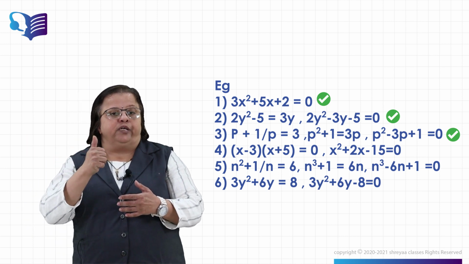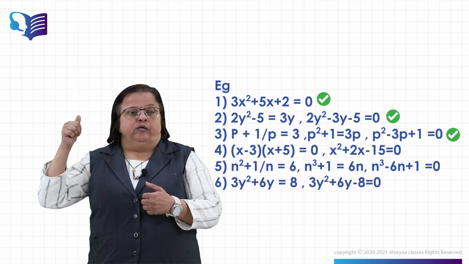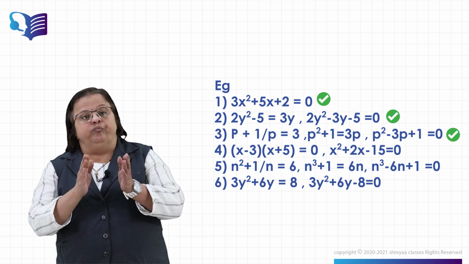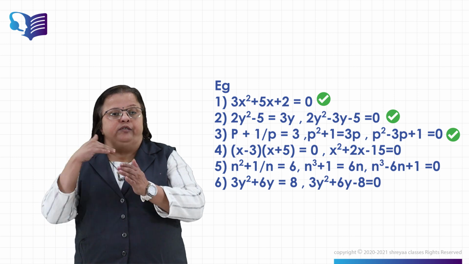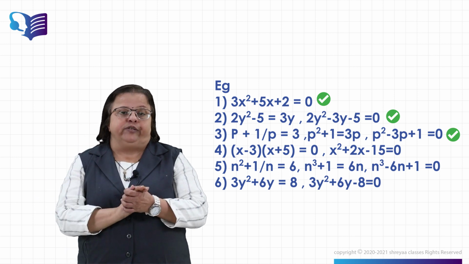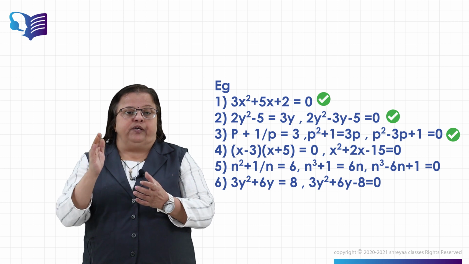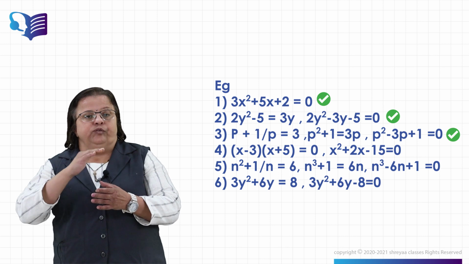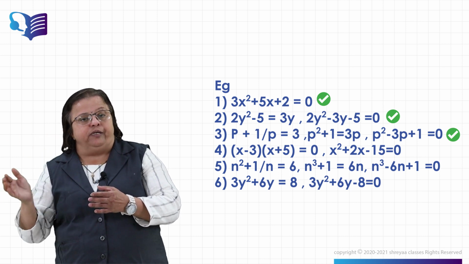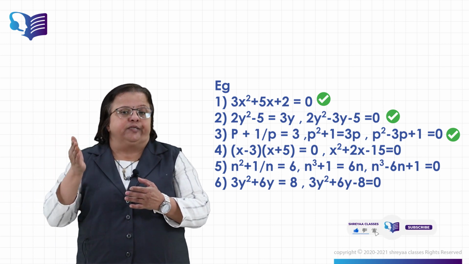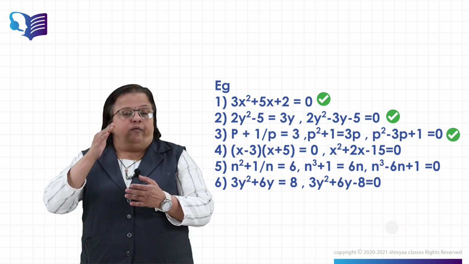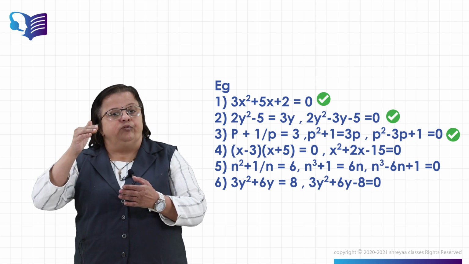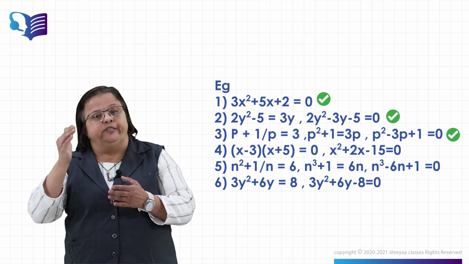Now let us go for the next. x minus 3 multiplied by x plus 5 is equal to 0. You have to multiply, you have to simplify, and then you have to see whether it is a quadratic equation or not. If you multiply the bracket, x into x is x square, x into plus 5 is 5x, and minus 3 into x is minus 3x. 5x minus 3x is what?